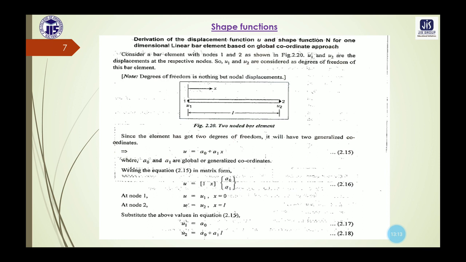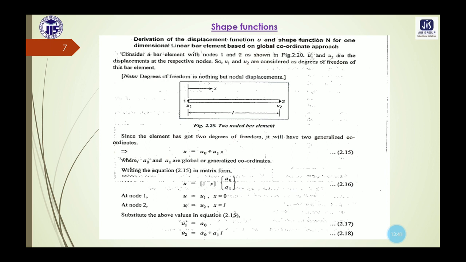Now we need to use the boundary conditions. From this diagram 2.20 you can see that at node 1, when u equals u1, then x equals 0, and at node 2, when u equals u2, then x equals L, that is the total length of the bar element.